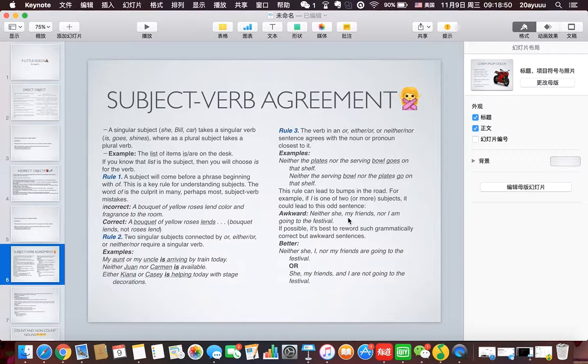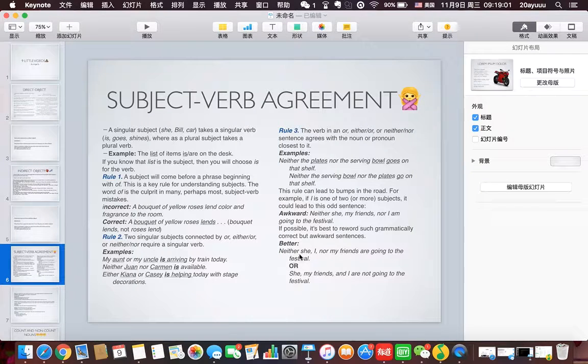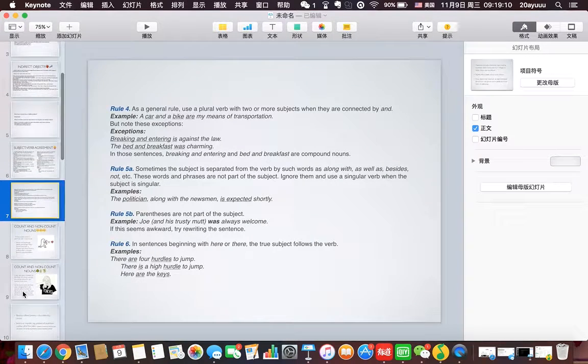Awkward: neither she, my friends, nor I am going to the festival. If it's possible, it's best to reword such a grammatically correct but awkward sentence. Neither she, I, nor my friends are going to the festival, or she, my friends, and I are not going to the festival. Let's jump to another page.